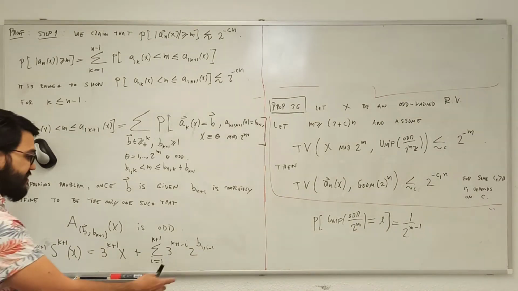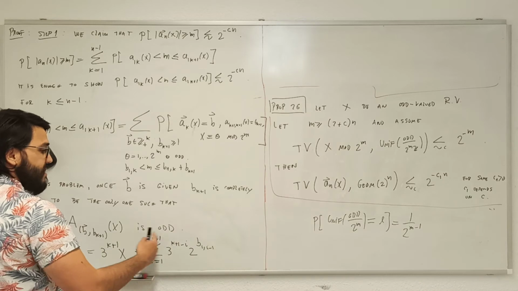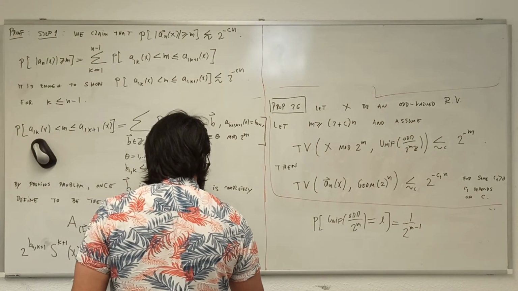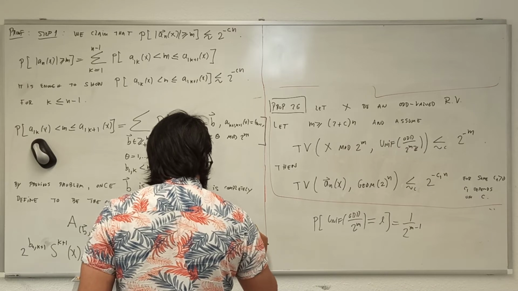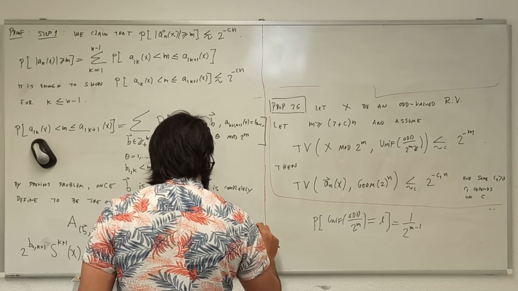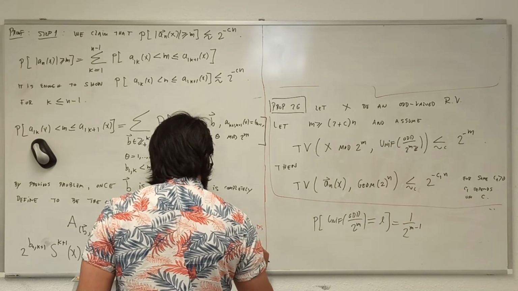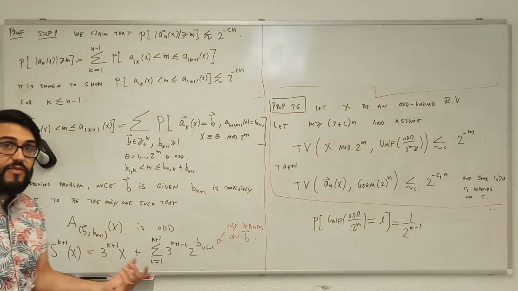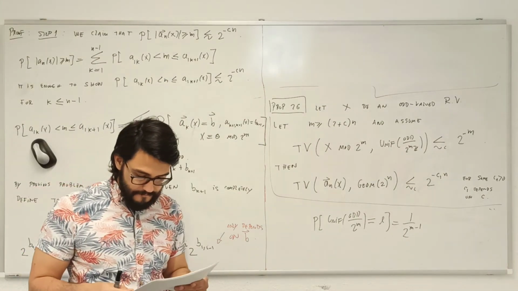So you see that this side here only depends on b here, because of the way the sum was built. So therefore, this side here only depends on b.